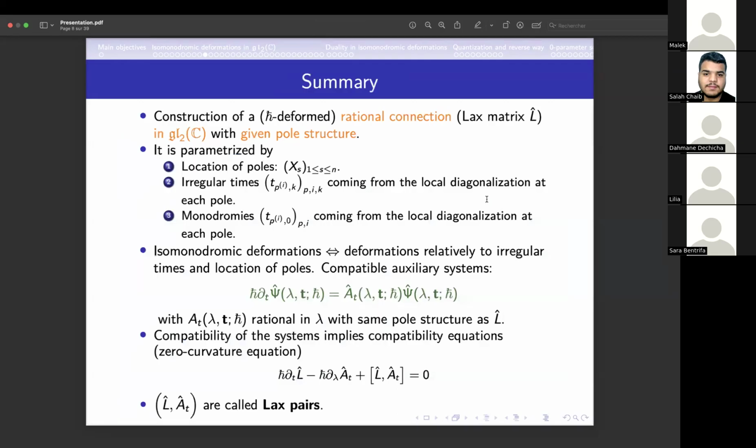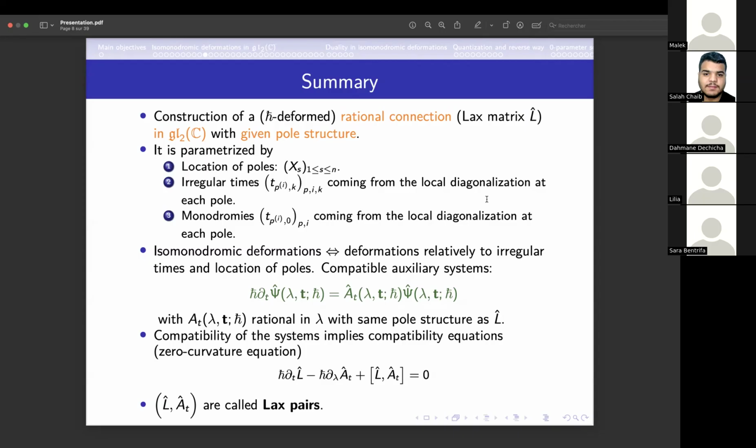So just to summarize the construction of an ħ-deformed, or without the ħ completely, rational connection, a Lax matrix in GL2(C) with given polar structure: one uses the local diagonalization or the Birkhoff factorization in order to fix the connection in terms of the location of the poles, the irregular times, and the monodromies at each pole.